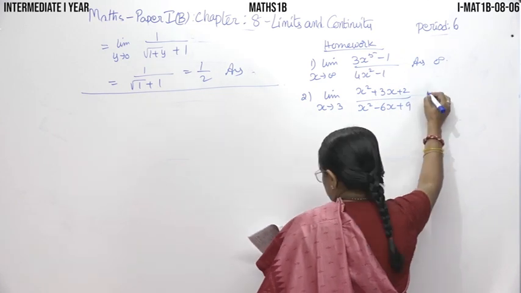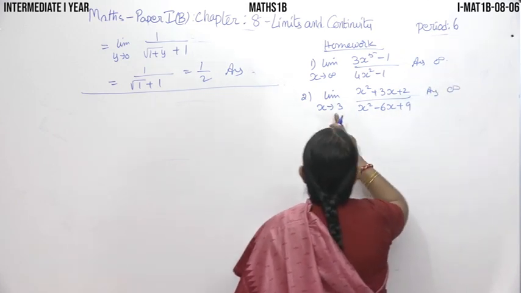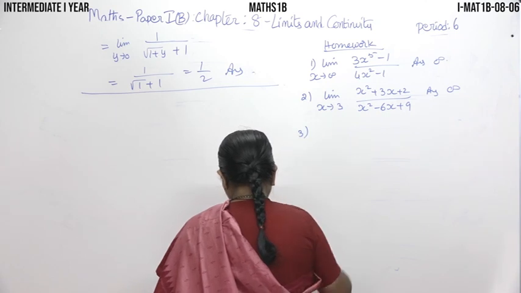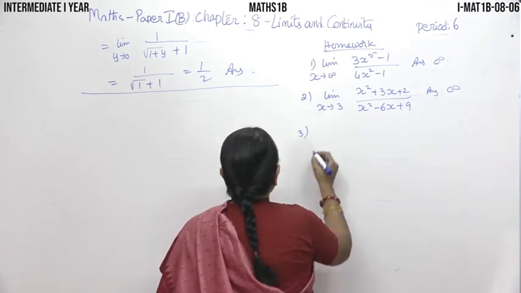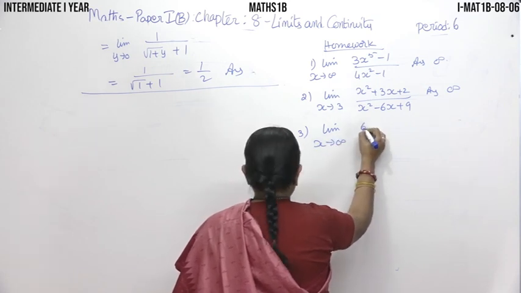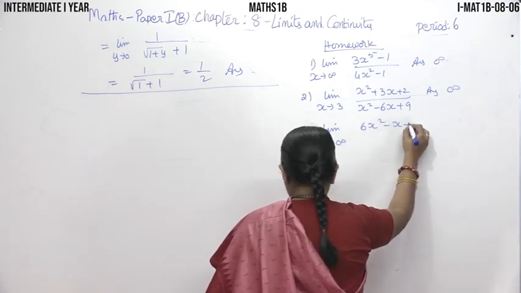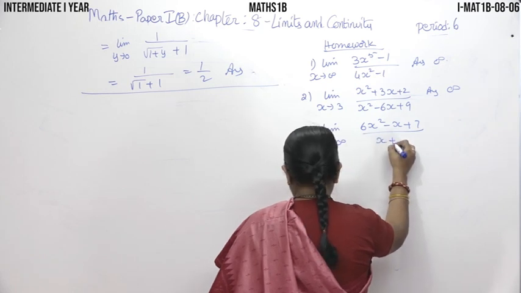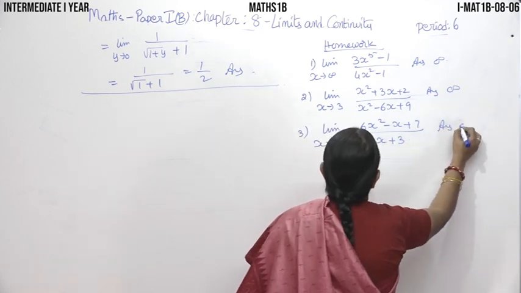So when you substitute, I think you may get some number. It is not an infinity problem. Okay, next is limit x tending to infinity of 6x square minus x plus 7 by x plus 3. So the answer here is infinity.